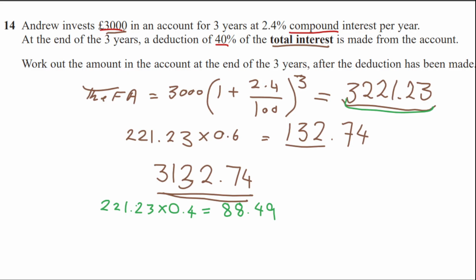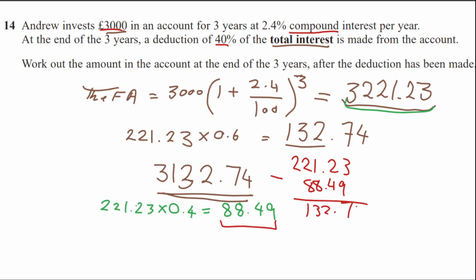This is what they deducted. So you can now do 221.23 minus 88.49. Plug that in your calculator and it gives you 132.74, which is exactly the amount we got here.